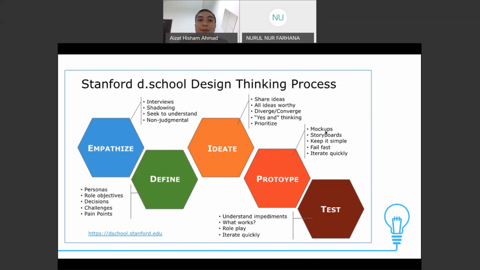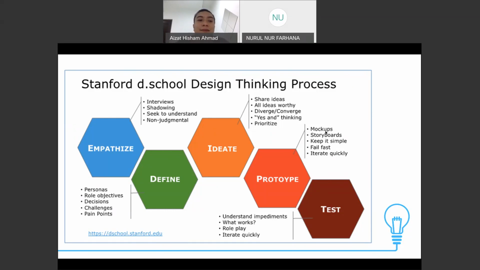So you empathize with yourself, then you define, then you ideate, then you prototype and then you test. In the case of trying different attire, you might test in front of your mirror. Design thinking is all about having a constructed, proper way of thinking, meaning by design.